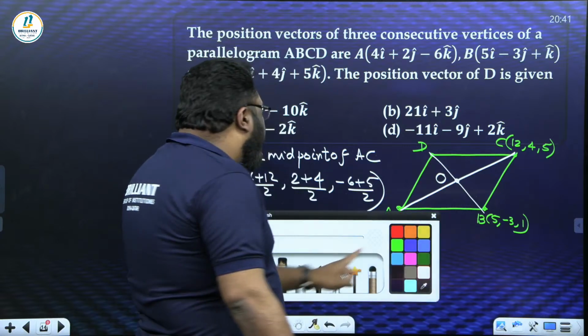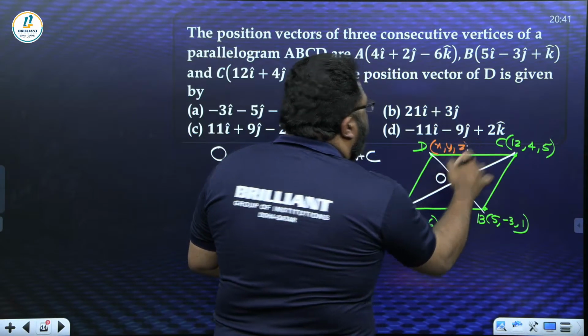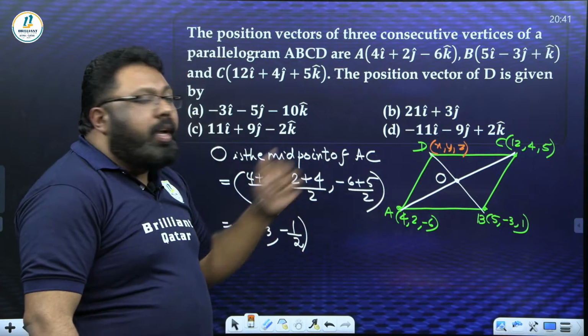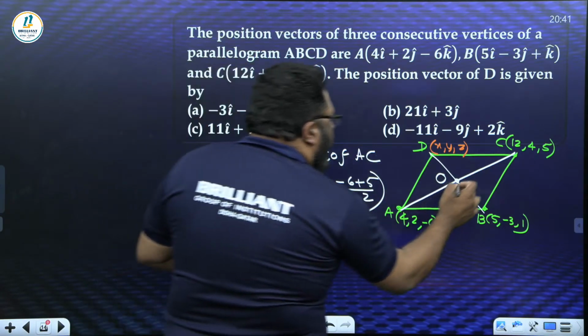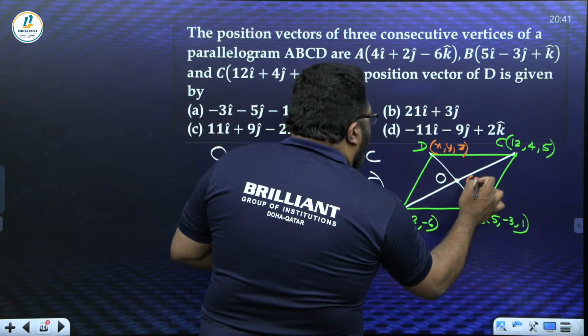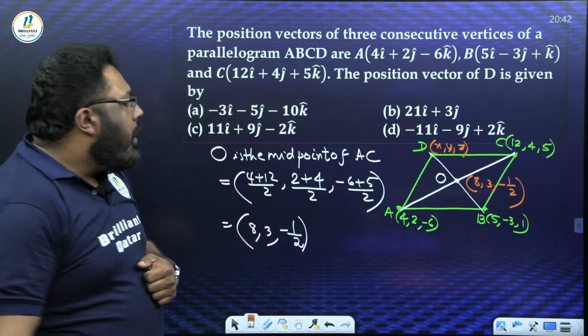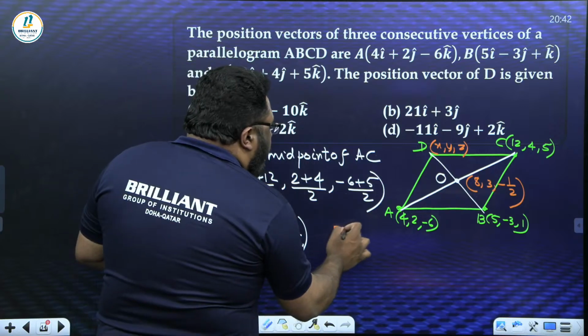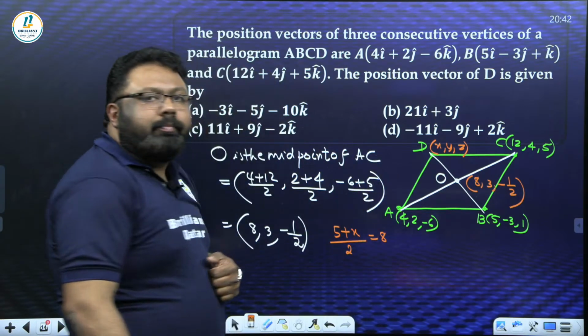Now I am supposed to find D. Let me call it XYZ. Again, O is the midpoint of BD. So using that logic, I got O, I'll write that for easy concept: 8, 3, minus 1 by 2. Now, what is 5 plus X by 2? 8.